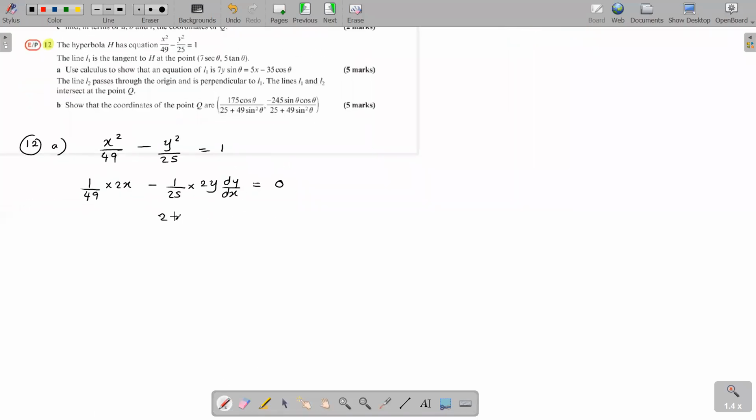This is 2x over 49 equals this side I have 2y over 25 dy by dx. I could cancel out the 2 to 2 and I end up getting 25 over 49 x over y equals dy by dx. Is that okay?